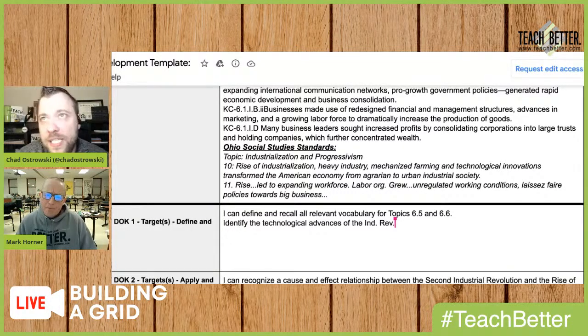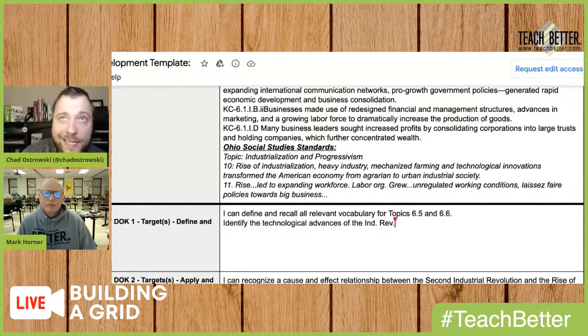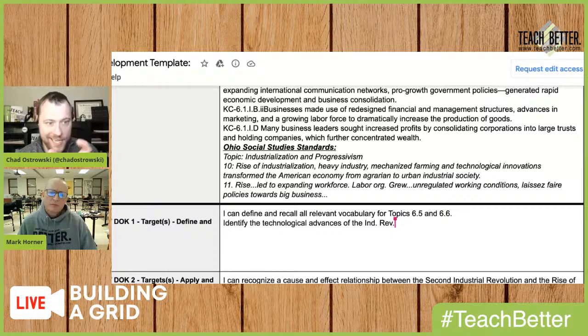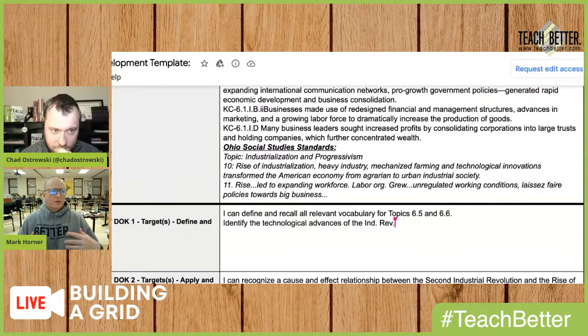So is there a cohesive statement we can make? I can define and recall the socioeconomic continuities in the areas of this and this. Would that type of statement make sense? Yeah. So if we put down the rise of industry and the growth of the market.